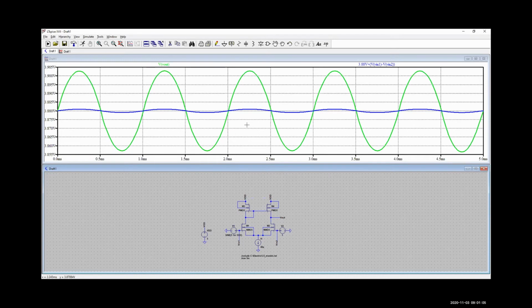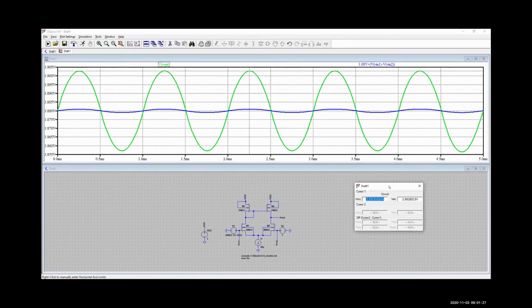So if we put in a 1 millivolt signal, if I left click on V out and drag this over to a peak, you guys can't see this, so let me move it over.